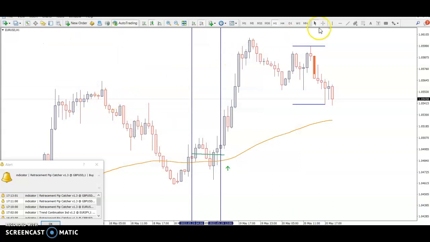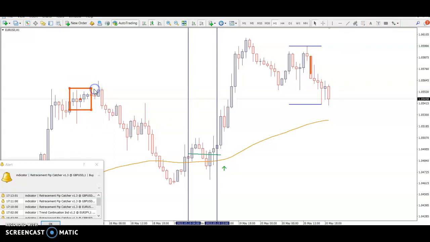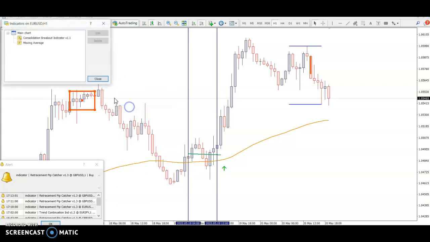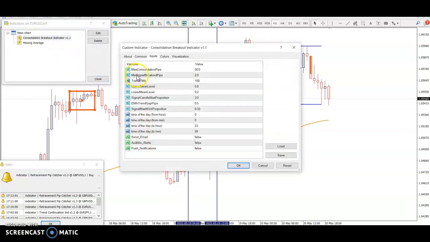And then the signal candle max wick proportion. What we don't want, let's just say that this is the signal candle, and this is the consolidation here. Let's say this breaks out here and it closes above the consolidation by our 2 pips in this case, so it does qualify there.